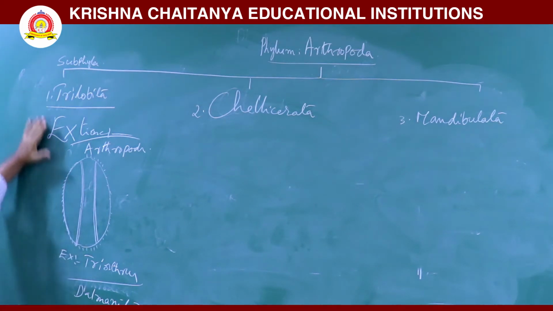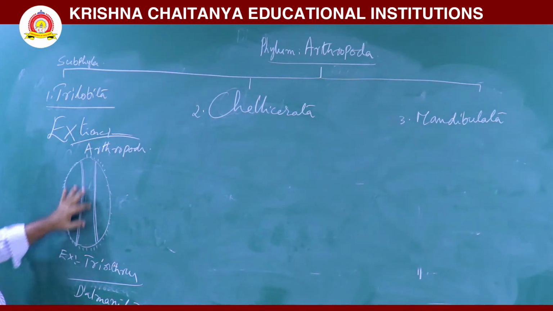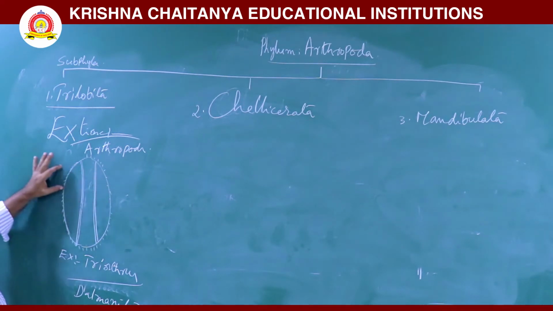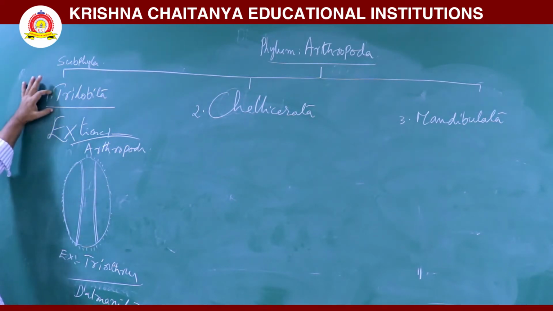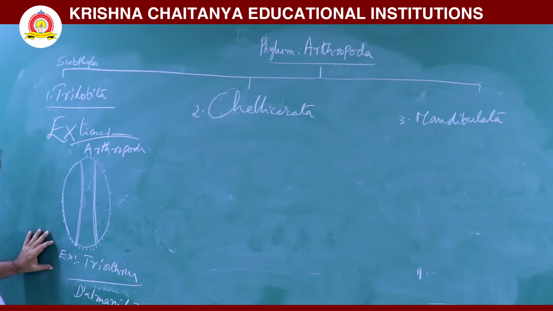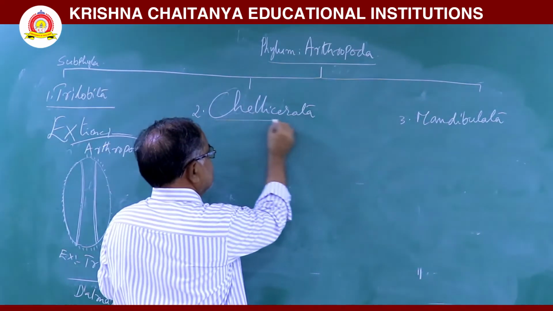The body is divided into three lobes by two prominent longitudinal furrows. One is a median lobe, two are lateral lobes. That's why this subphylum is named Trilobeta. Numerous appendages are there, all similar. They are biramous. Examples, Triarthrus and Dalmanites. Next, Kcjc.